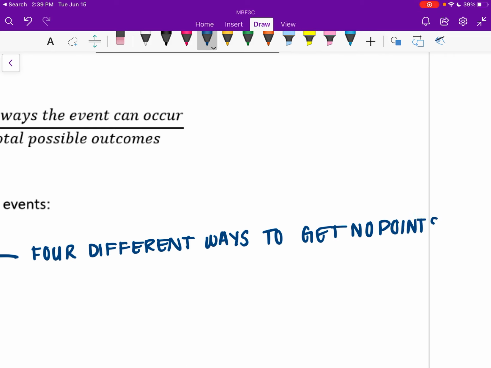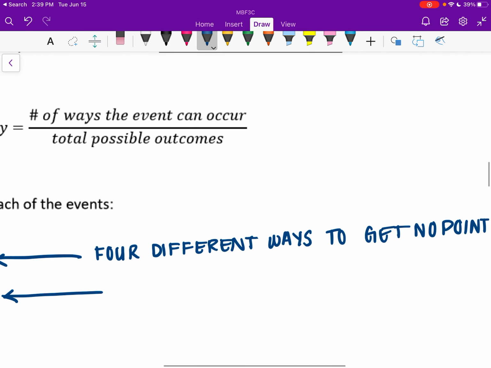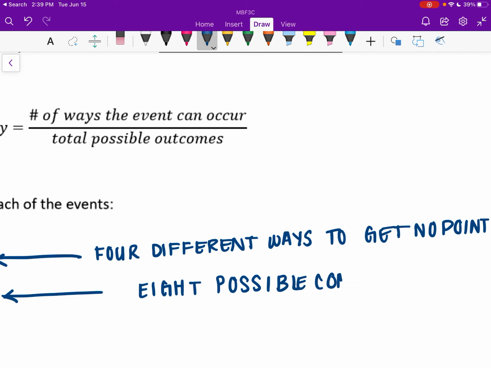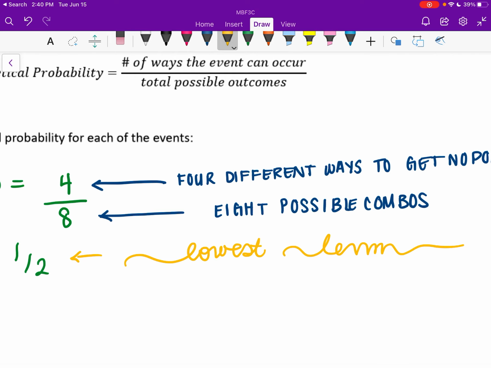And then 8 represents the 8 possible combos you can get. And then 1 over 2 is just this in lowest terms. Okay.